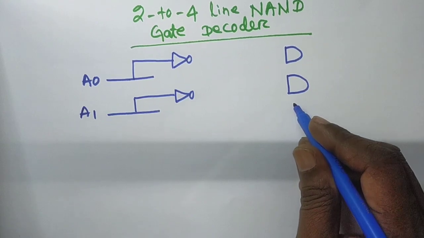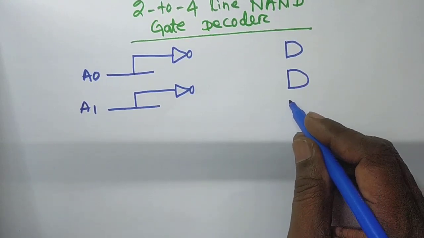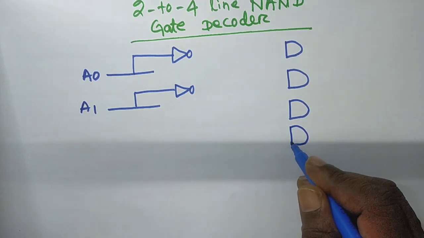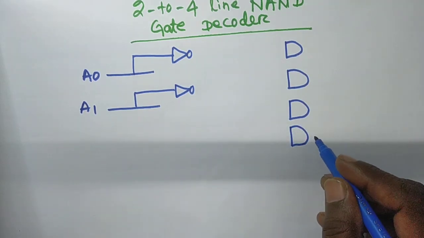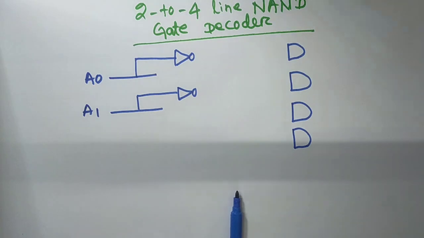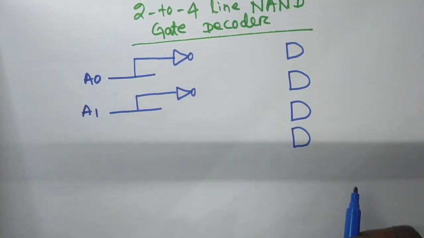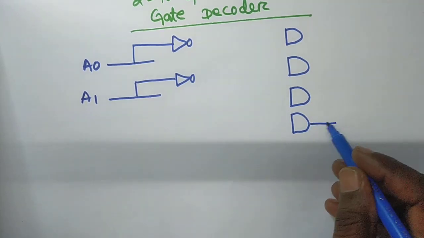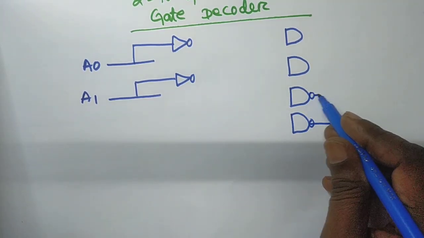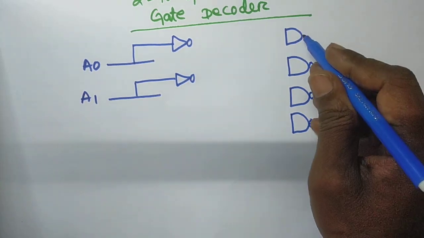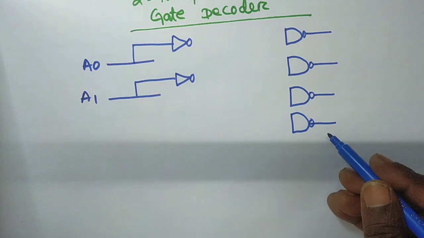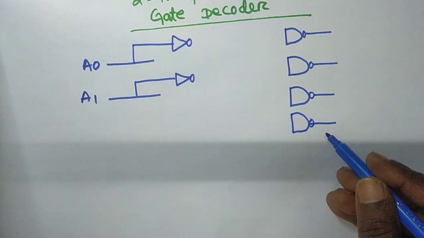Now we see it in a very simple way, I will show you like this. We can get 4 NAND gates.